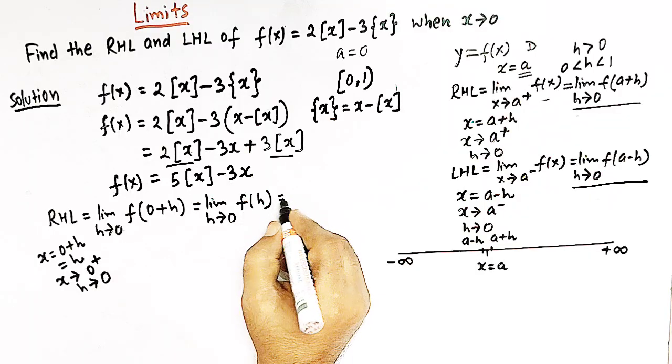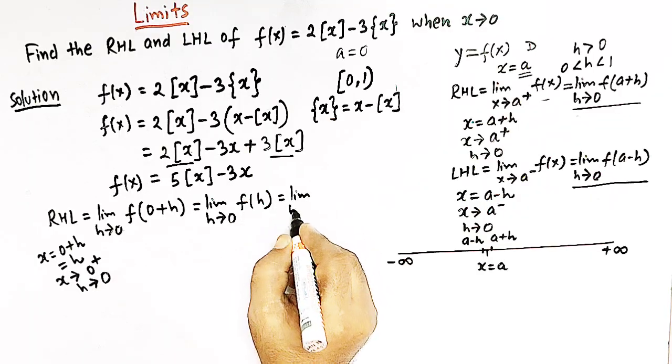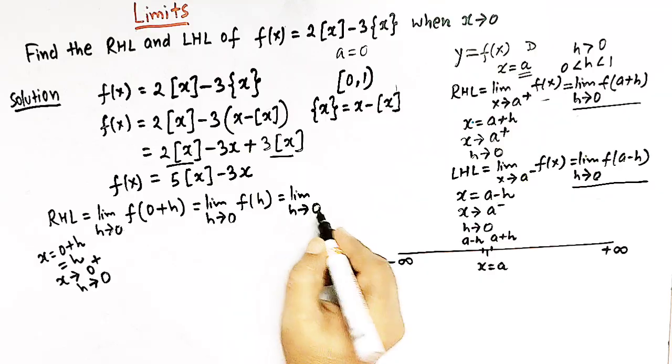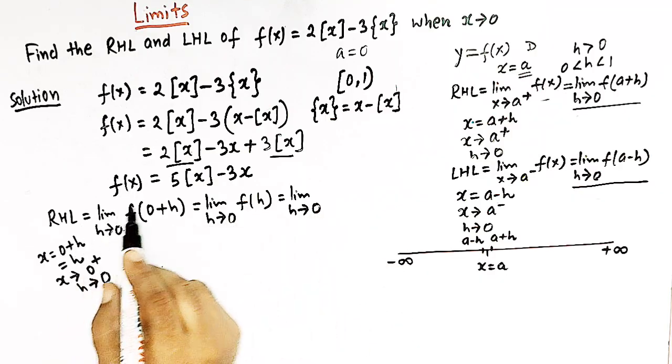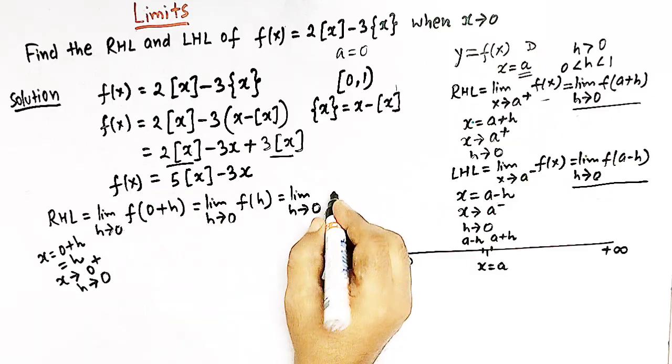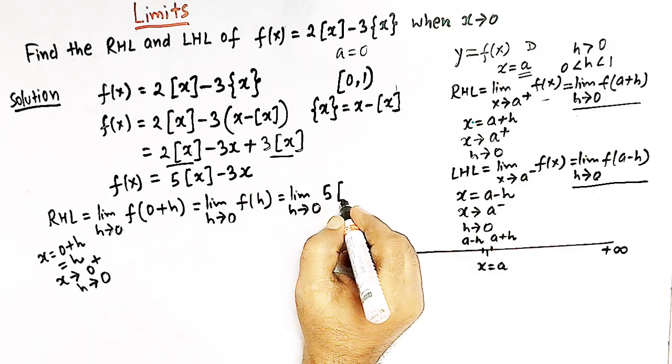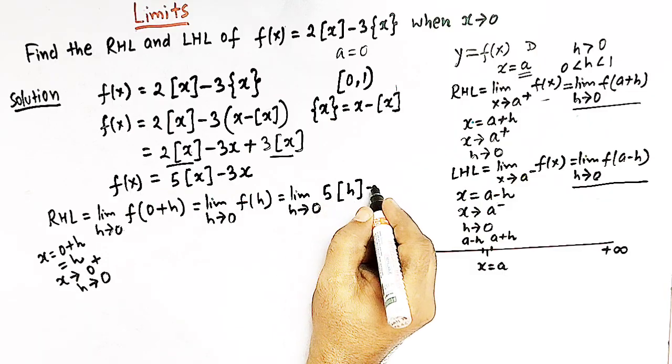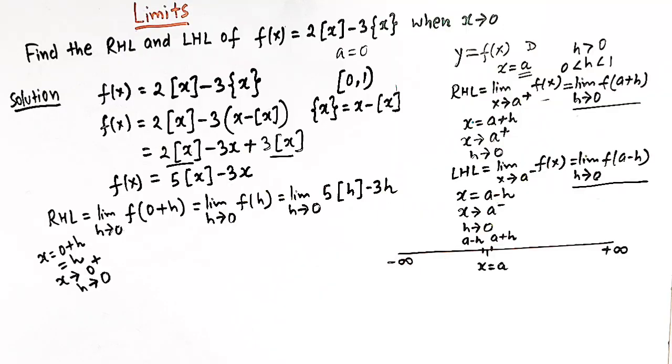So now we have limit h tends to 0, and f of h can be written by replacing x by h. So we have 5 times greatest integer of h minus 3h.